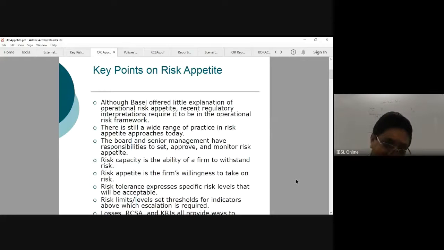Appetite is the level which you like to take, with your consent. But tolerance is a little higher than the appetite. And even without the tolerance, you can go beyond that up to the capacity. So therefore, you can say the highest level is the capacity, then the tolerance, then the appetite.